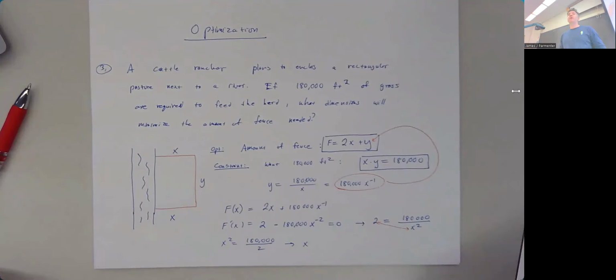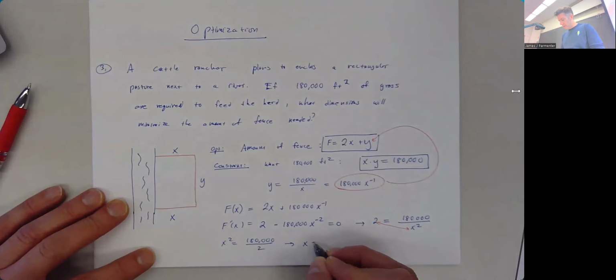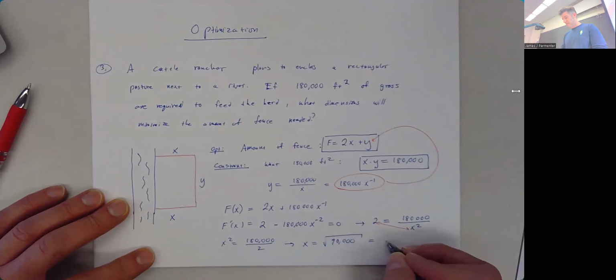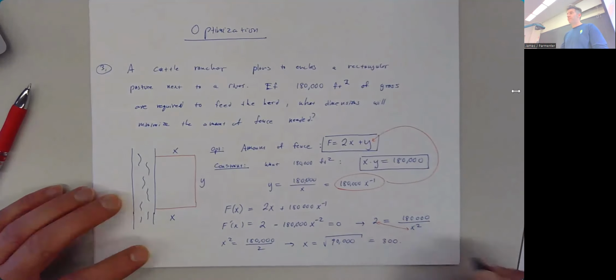No. So definitely in these optimization problems, you should also think about the domain that makes sense for your function, right? X shouldn't be able to be 0 or negative here. So we need x to be just the square root of 180,000 divided by 2, which is 90,000. And I think the square root of 90,000 is 300.